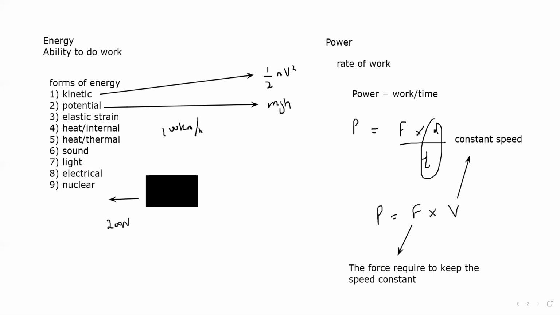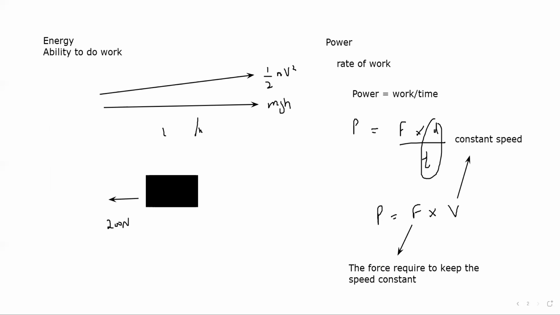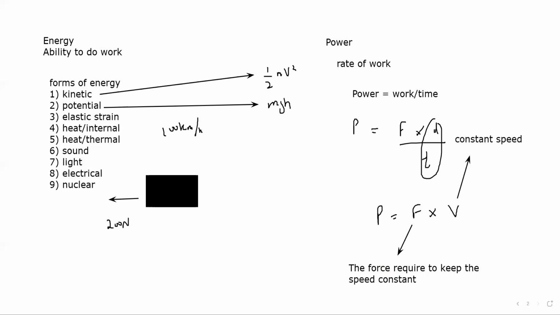Or to maintain, say, 100 meters per second, what is the driving force I need? Not kilometers per hour, meters per second for example. So if this is a frictional force, the force opposing the motion is 200. How much is the driving force, the force required to maintain this constant speed? That will also be 200.